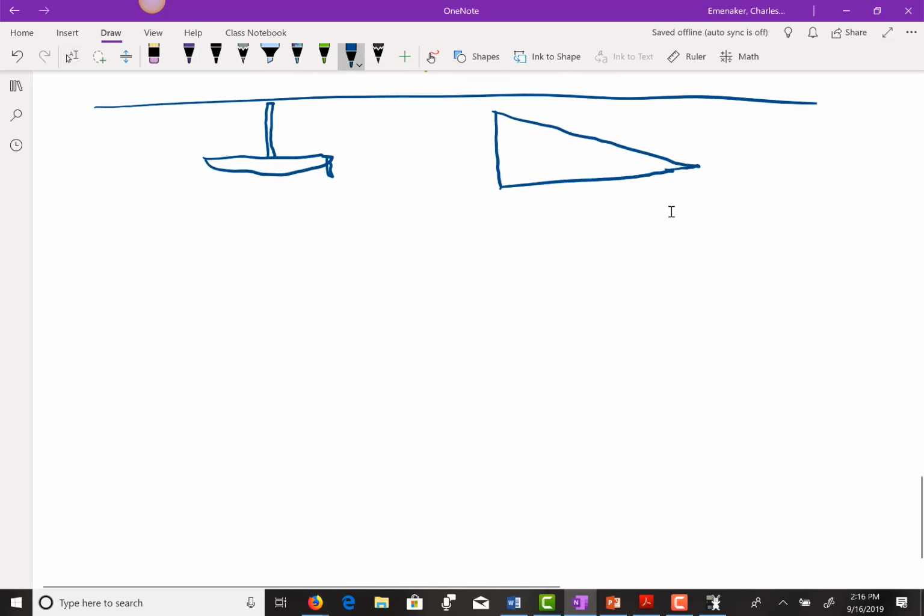In this example, though, let's say you got a light pole. Somebody's 6 foot tall, and they cast a shadow. Now, the shadow that they cast is 8 feet long.